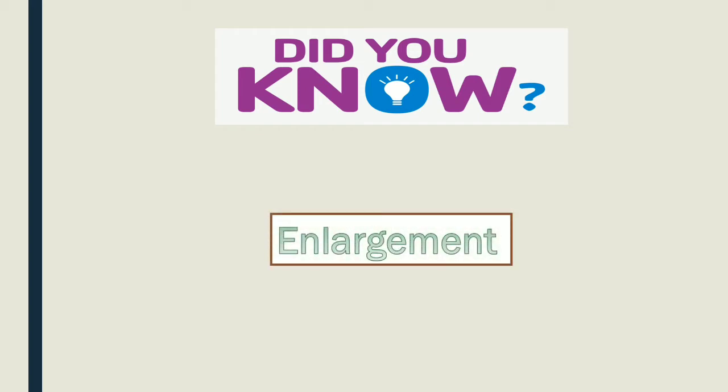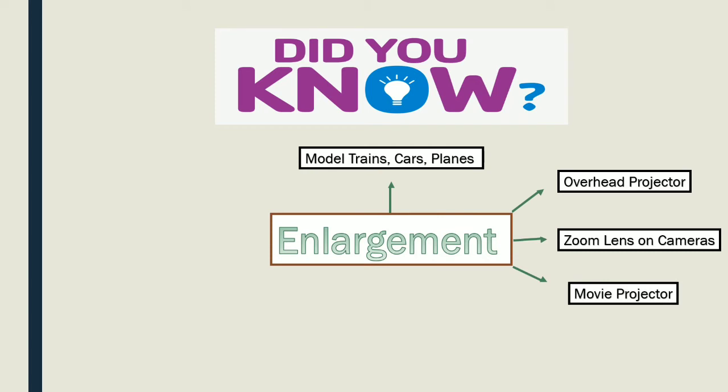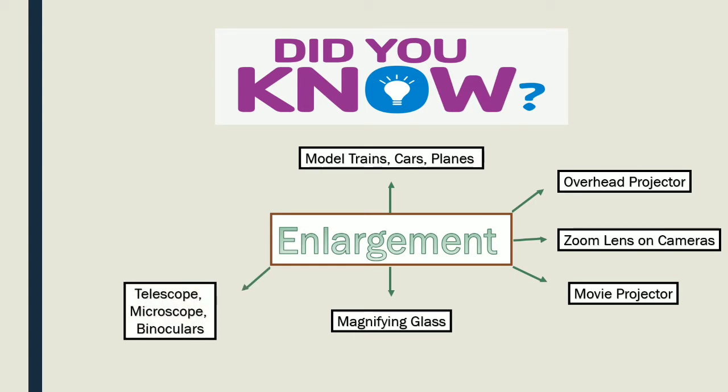We encounter some form of enlargements when we use models of cars, trains, and planes, overhead projectors, zoom lenses on cameras, movie projectors, magnifying glasses, telescope, microscope, or binoculars, the television, photocopier and scanners, just to name a few.